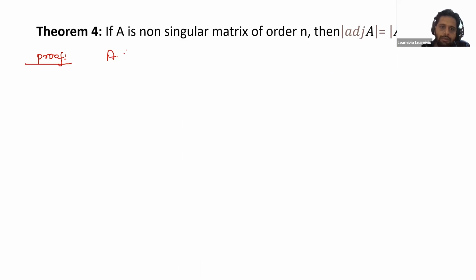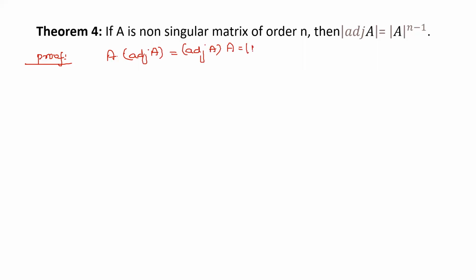Now A into adjoint of A is equal to adjoint of A into A is equal to... Anyone can tell me this one? Yashika, can you tell me what is the theorem? A into adjoint of A is determinant A into I. Very good. Okay, so we have this theorem.